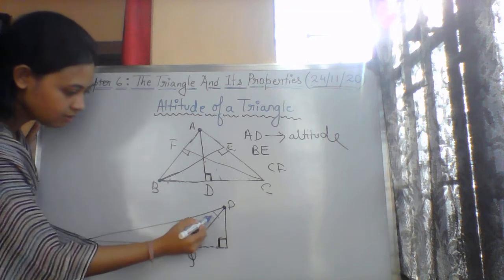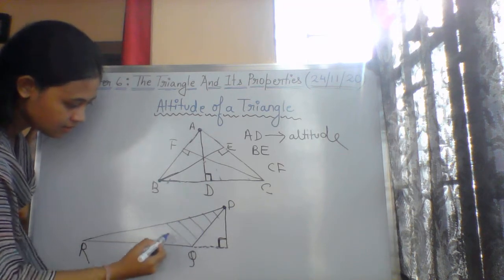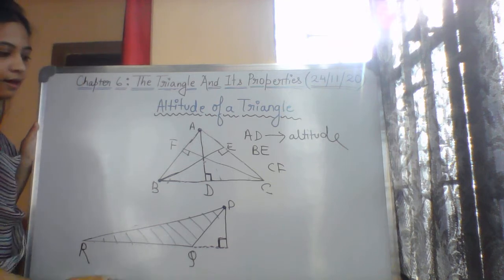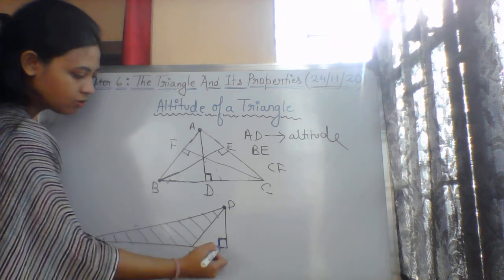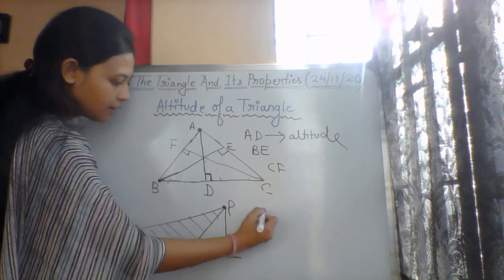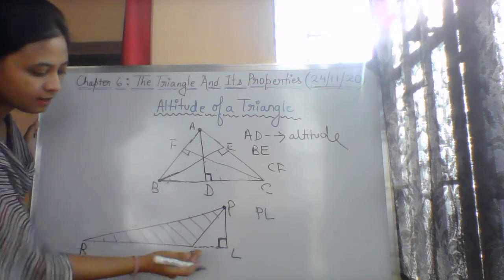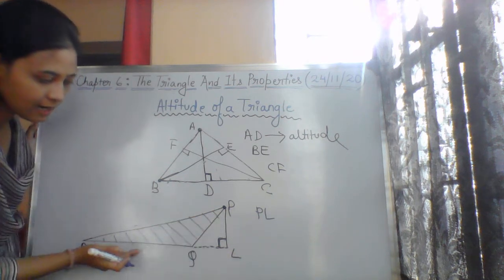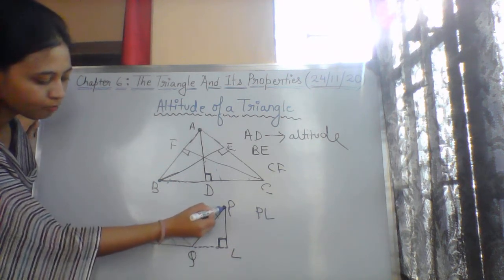So this is our triangle. Now this altitude, PL. Let PL be the altitude, making 90 degree with the opposite side of P. What is the opposite side of P?